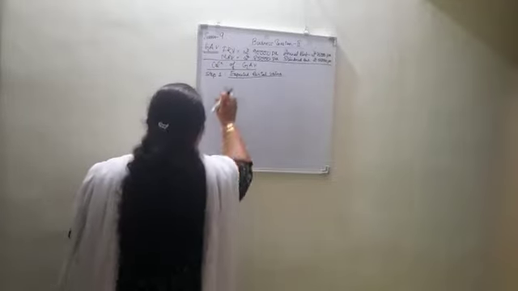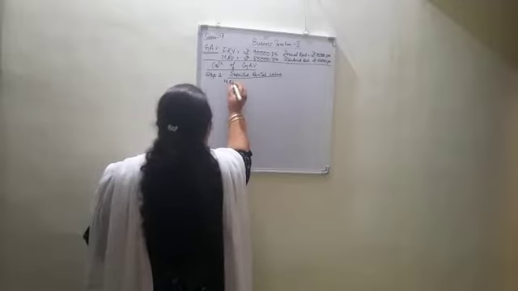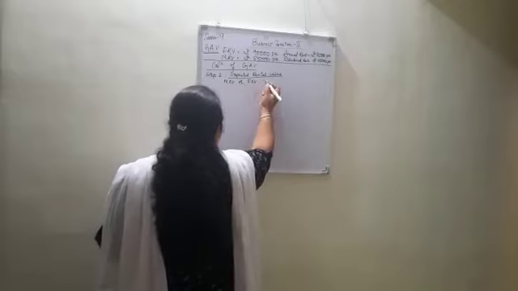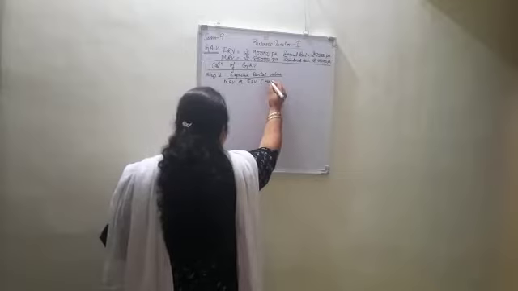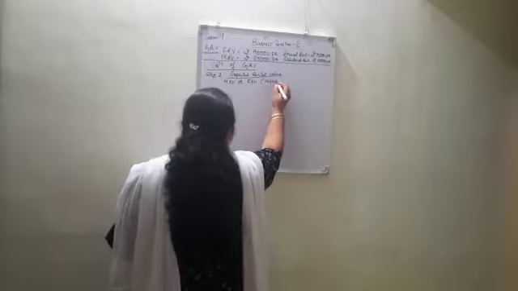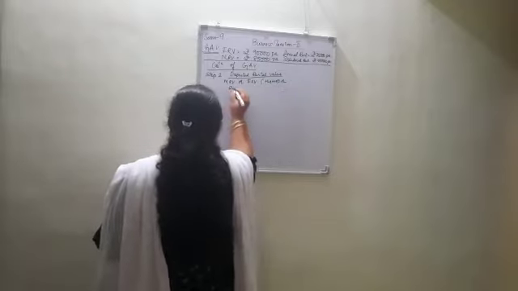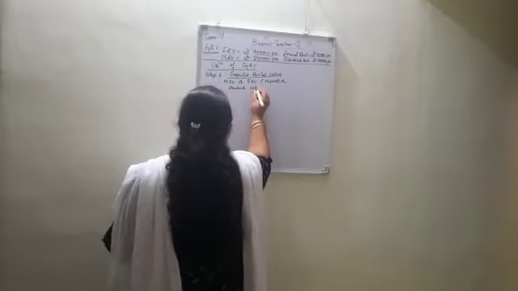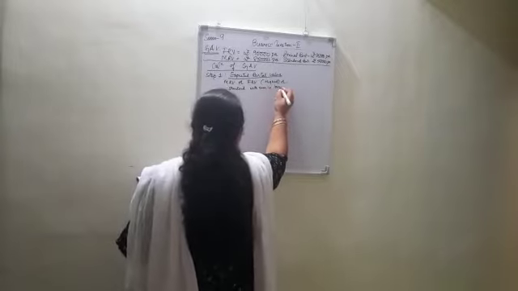Expected rental value is step 1: municipal rental value or fair rental value, whichever is higher, or standard rent, whichever is lower.